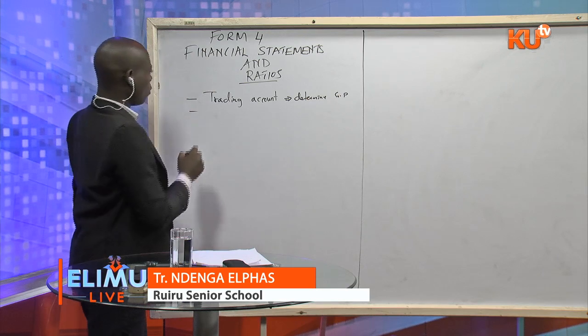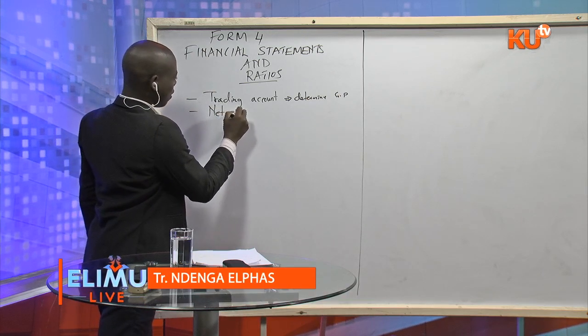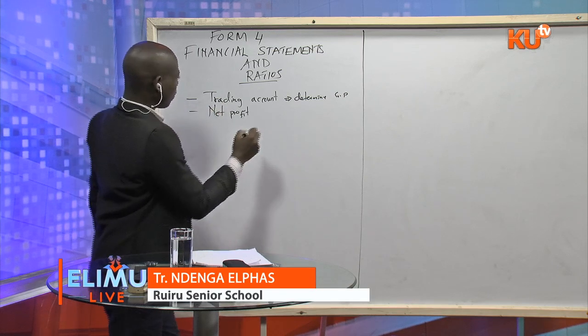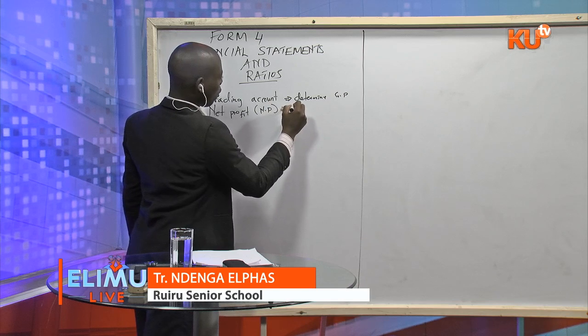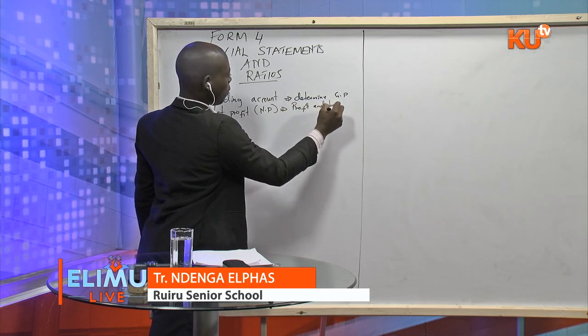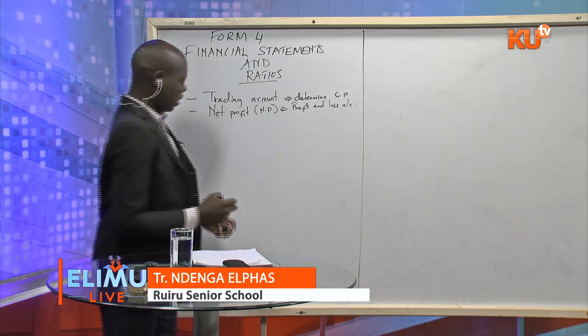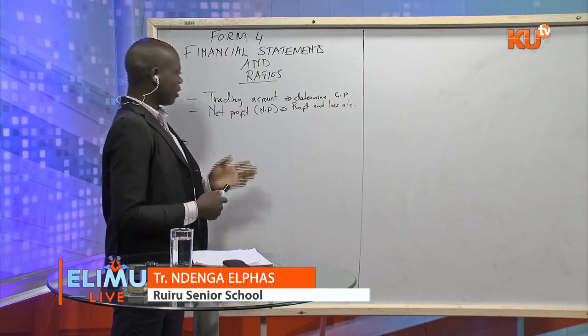Then number two, we looked at the net profit. The net profit, we said, is prepared by a statement we call the profit and loss account. These were two important statements that we prepared in our previous lesson.